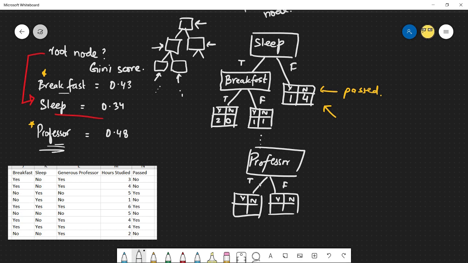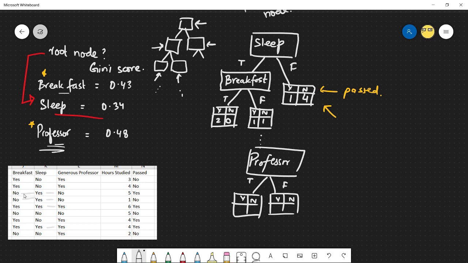So now again, we'll have to follow this trajectory here. We're first going to find all the sleeps that are true. So sleep that are true is 1, 2, 3, 4. And then for that, we're going to split it on when breakfast is false. For all of them, breakfast false is here and here, so not these two.